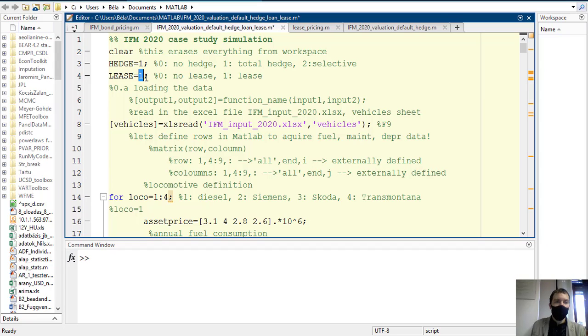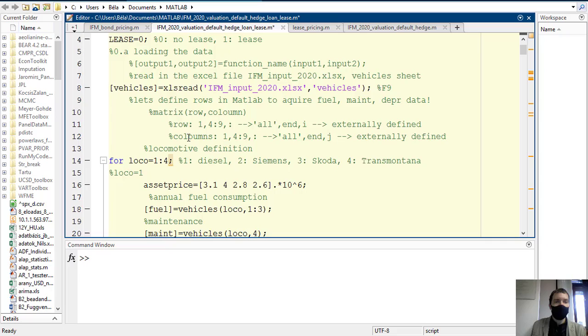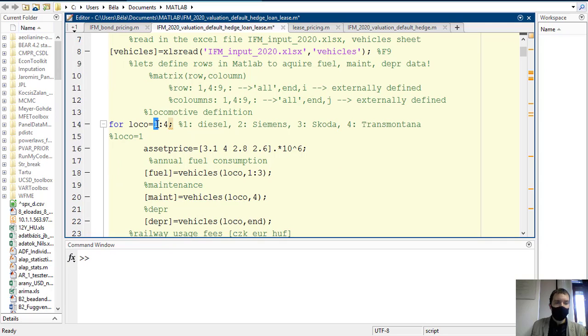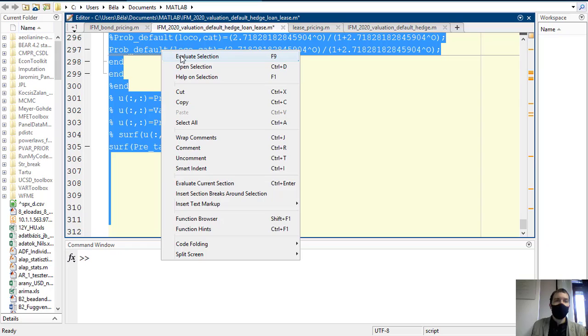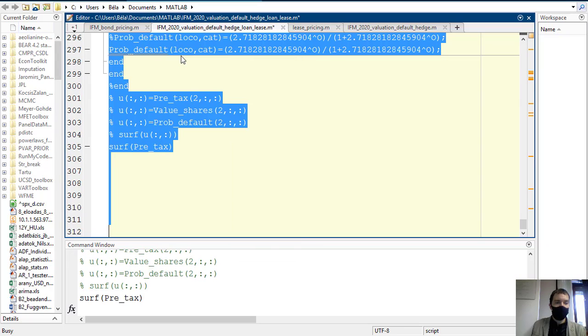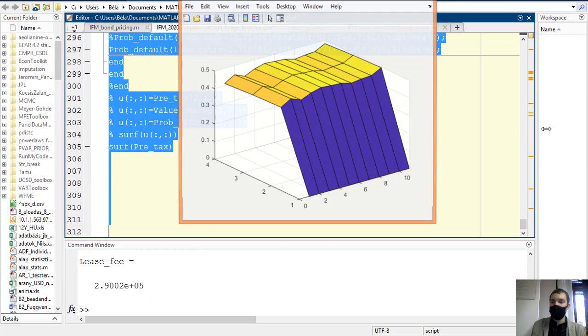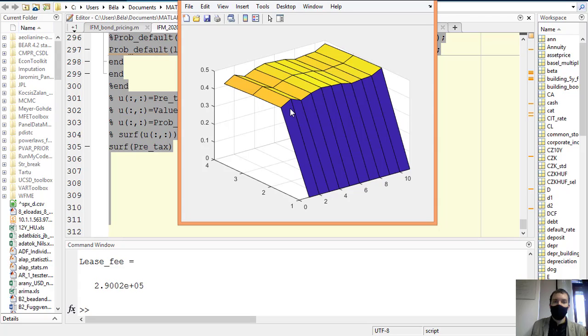Lease, let's use no leases. Locomotives, just 2 to 4. In this case, these are excluded. And then let's see whether you are able to run or not. Okay.